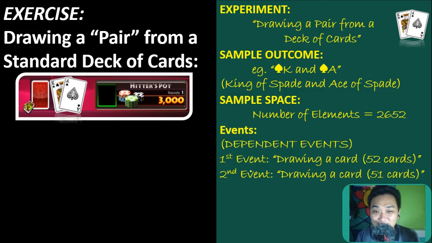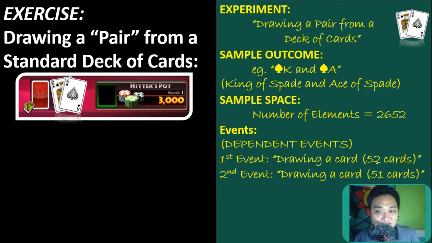But this time, instead of a standard deck, kasi nabawasan na nung unang bunot mo, ilan na lang yung pwede mong mapagpilian on your second draw. So, on your second draw, meron ka na lang 51 cards. So, sa una, 52 cards yung pwede mong pagpilian. Sa pangalawang bunot mo, 51 na lang.